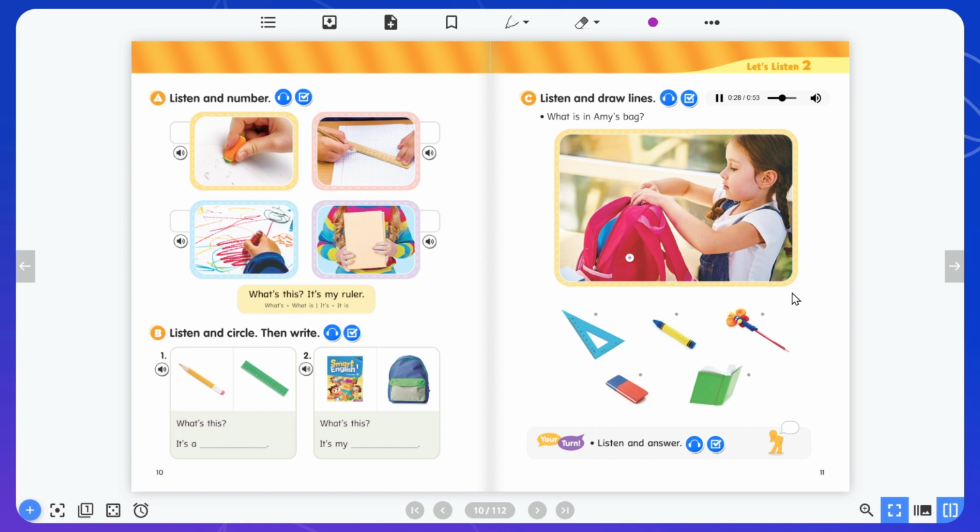I like your book. Thank you. This is my pencil. I like your pencil, too. Thank you. And this is my ruler. Oh, I like it. Thank you.